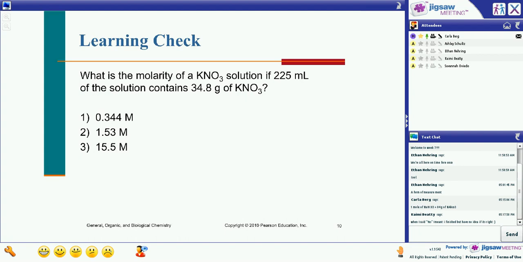Okay, I will give you the conversion factor in the text chat again. Go ahead and try to get as far on this problem as you can. Make sure you write out your steps.